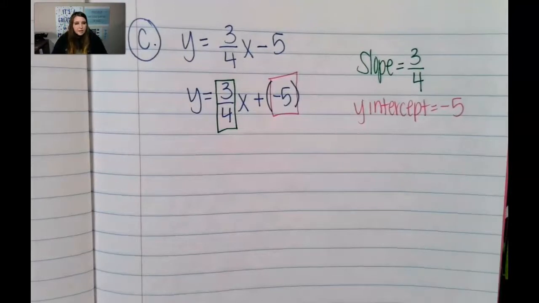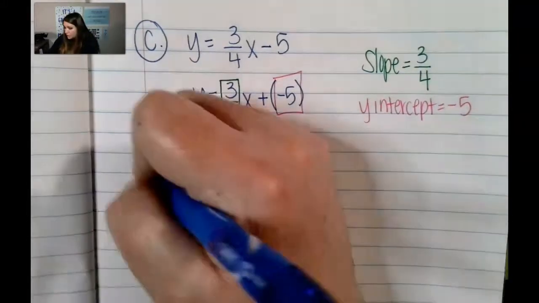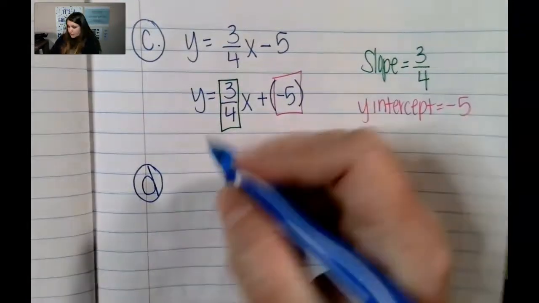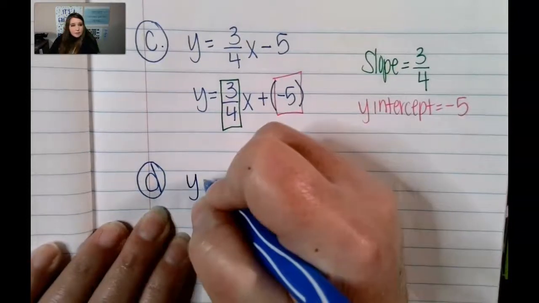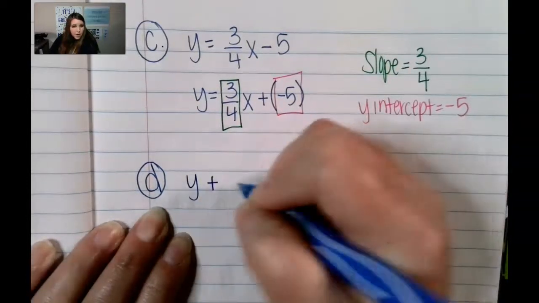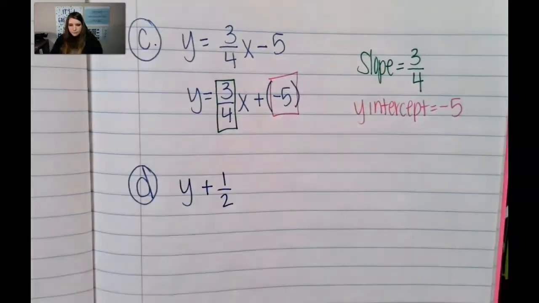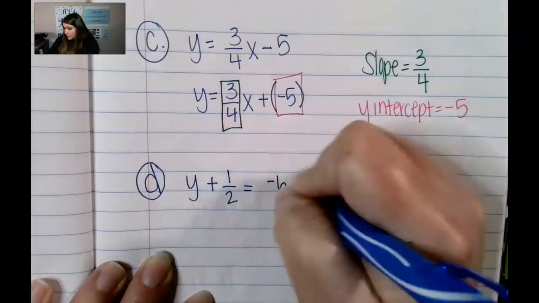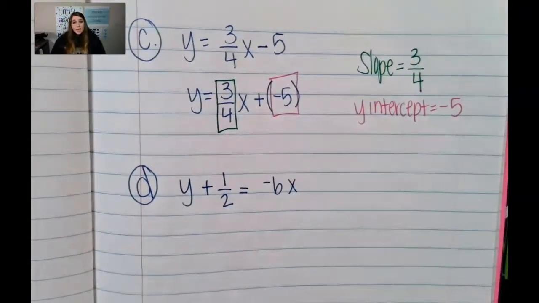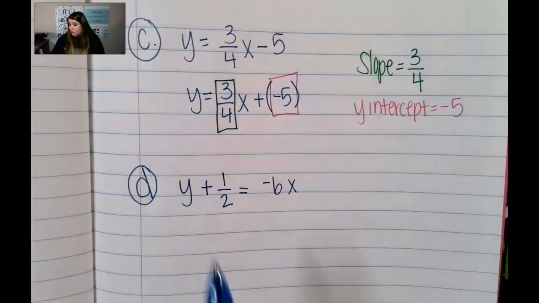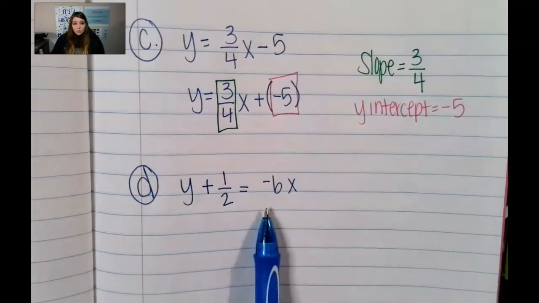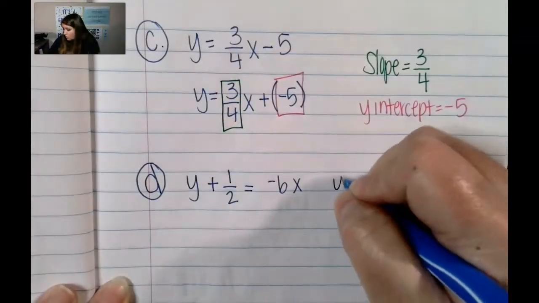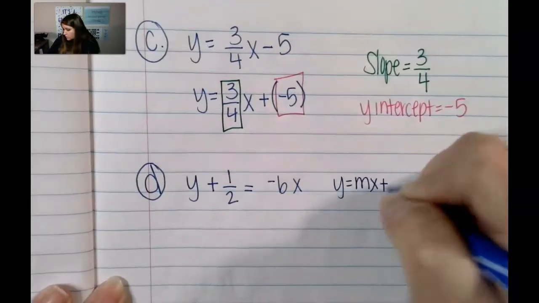Okay, our next example, and our last one to show you before you go on and do your try-its, is another one where we have to isolate the variable. So y plus 1 over 2 equals -6 times x. Again, we don't have this in the right spot, so we need to move things around so that it reads as y equals mx plus b.